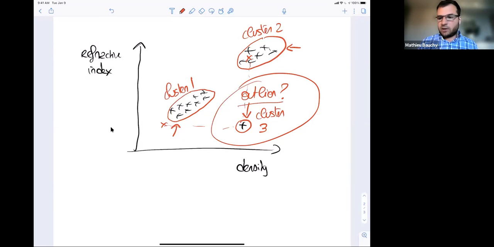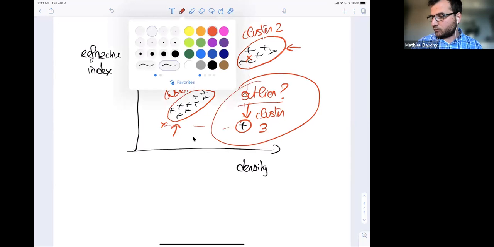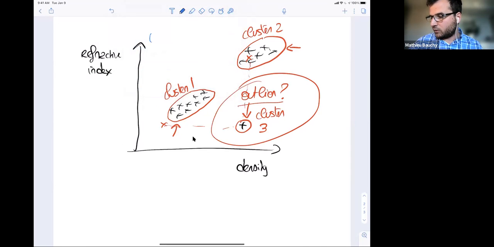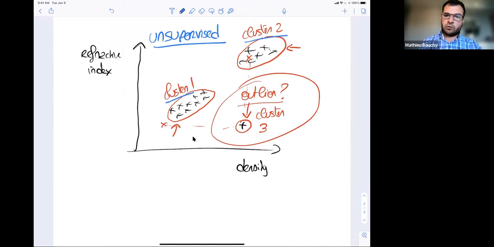Okay, so if there is no question, let's move to another example, which is now a supervised machine learning problem. This was unsupervised because you do not know any label. You just find that there is a cluster 1 of glasses and a cluster 2 of glasses, but you don't know what those clusters correspond to.